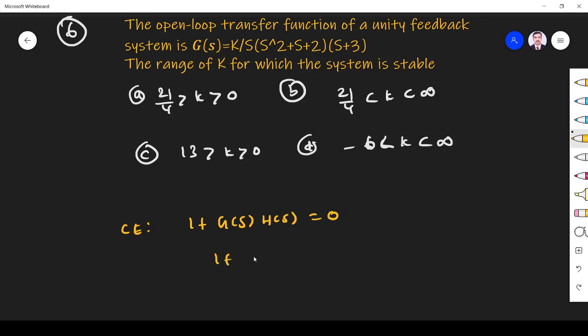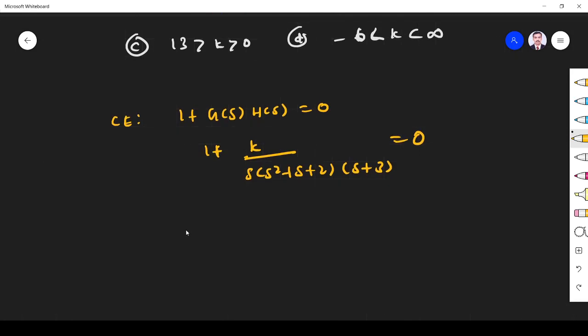So 1 plus k divided by s into s squared plus s plus 2 into s plus 3 is equal to 0. Right? If you simplify, what we get is s power 4 plus 4s cubed plus 5s squared plus 6s plus k is equal to 0.